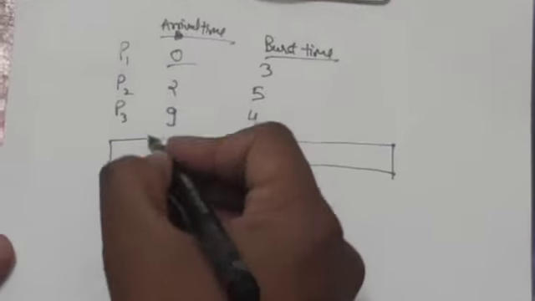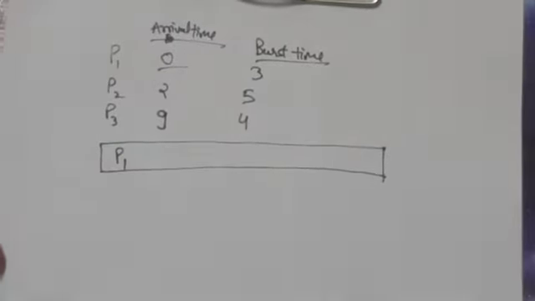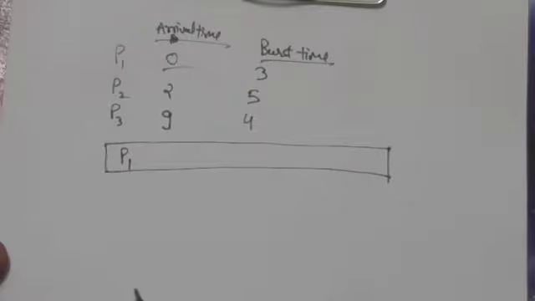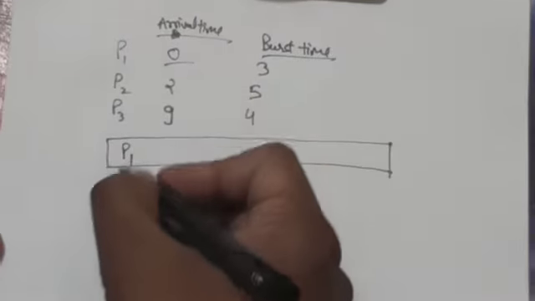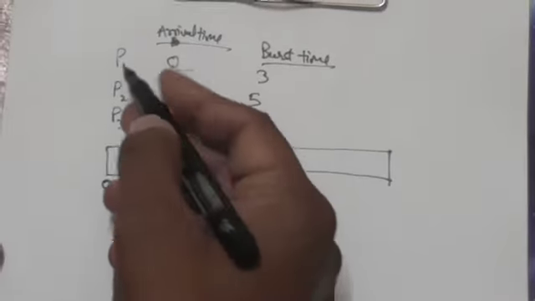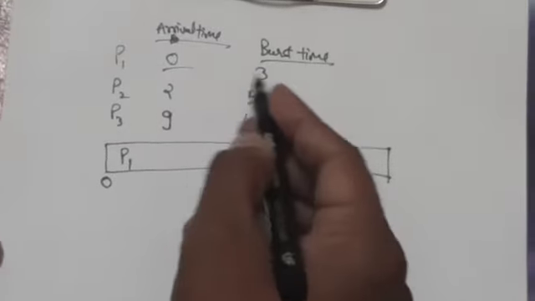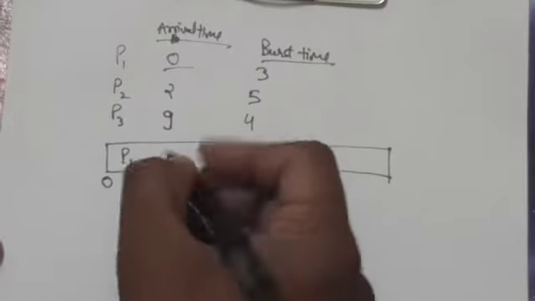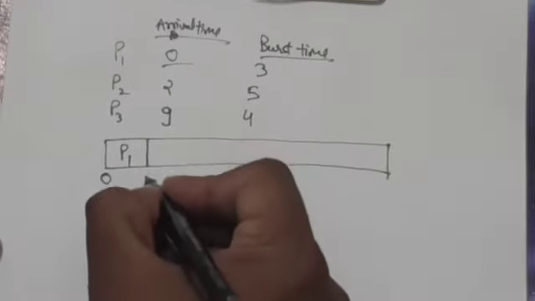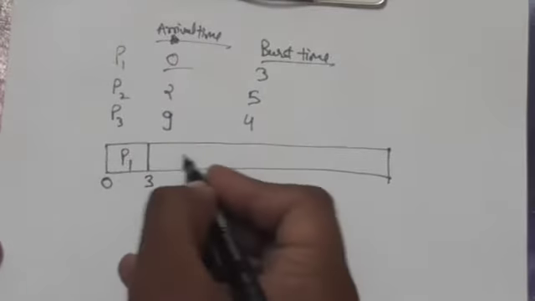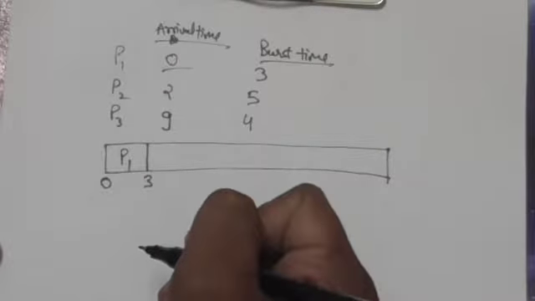At time 0, process P1 will start its execution. Its burst time is 3, so after 3, process P1 will release the CPU.